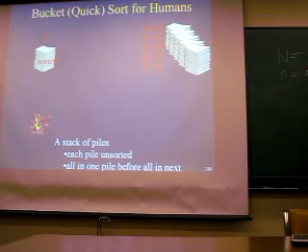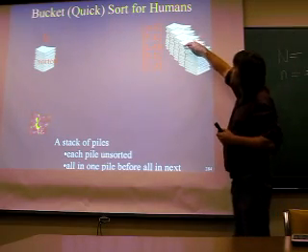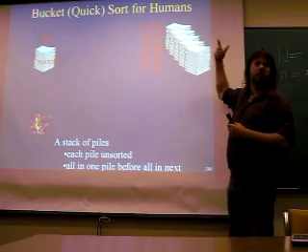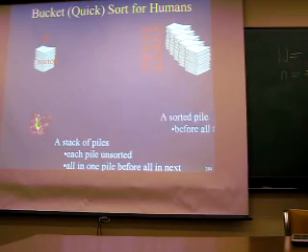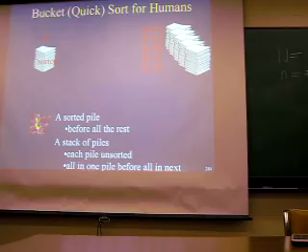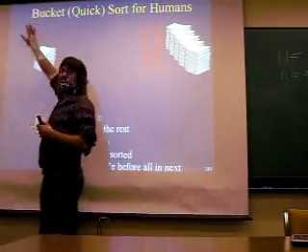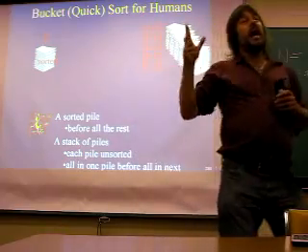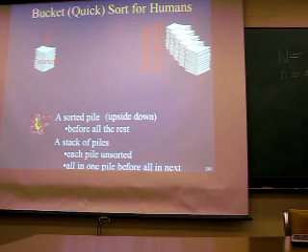Each pile is not sorted, but everybody in this pile comes later than everybody in this pile. Does that make sense? And I also have another pile over here, and they're sorted, and they go before everybody. That's our loop invariant. And this final pile is upside down because I want to throw things on backwards.